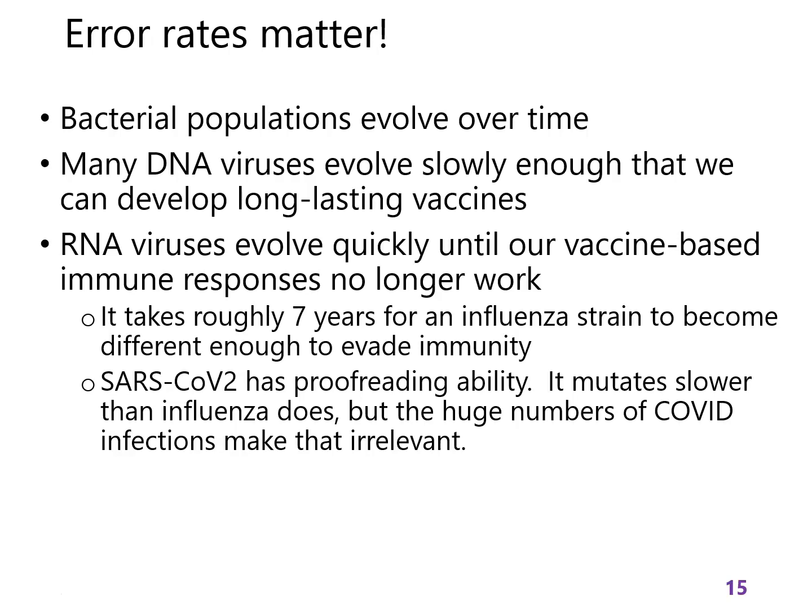And so when you have that many people infected by the same virus, you're going to get really fast production of mutants and really fast evolution of mutants as they try to evade our immune systems. So even though SARS-CoV-2 has proofreading ability, since it's replicating in so many people, that doesn't matter.